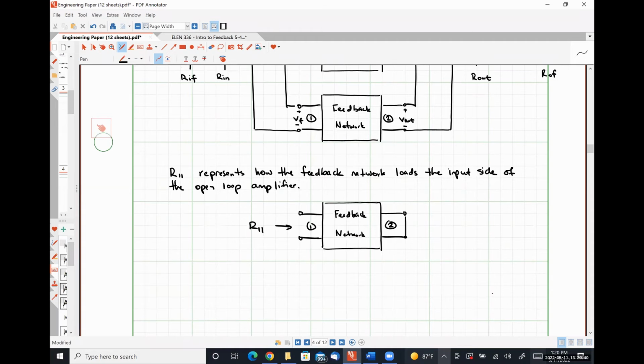R22 represents how the feedback network loads the output side of the open loop amplifier.